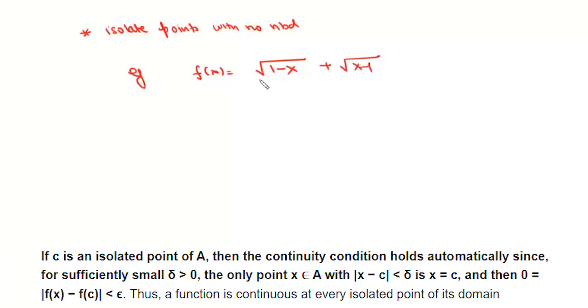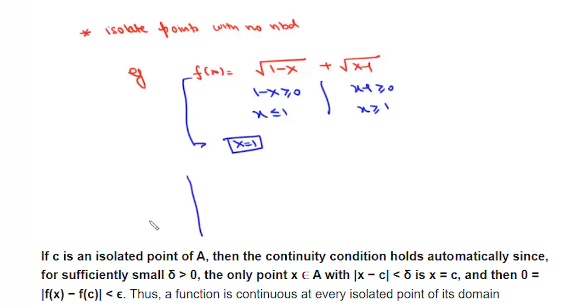Now this first expression is defined when 1 minus x is greater than or equal to 0, that is when x is less than or equal to 1, and the second one will be defined when x minus 1 is greater than or equal to 0 or when x is greater than or equal to 1. So this function is defined only at one point, x equal to 1.